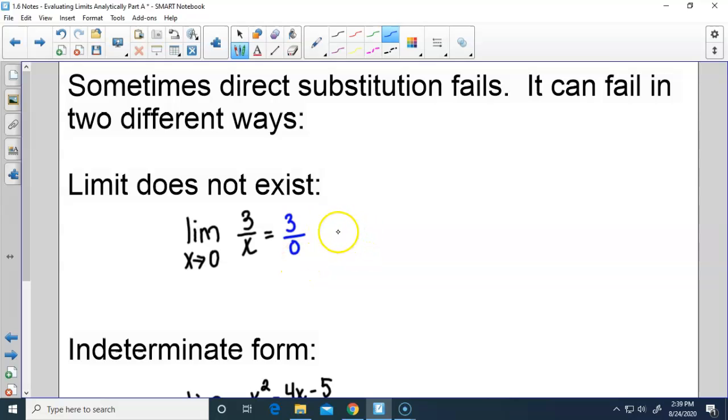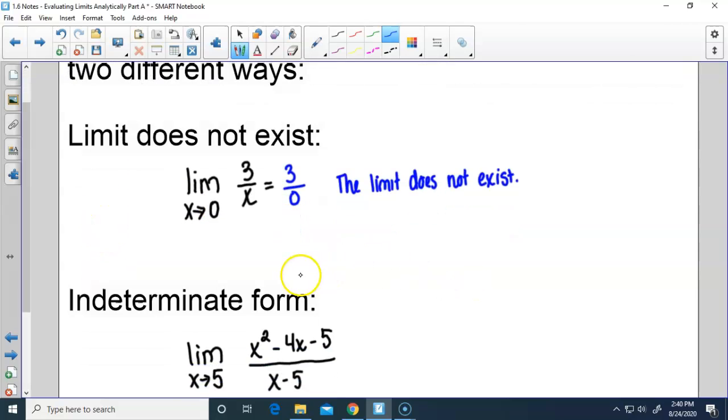So we would say in this case the limit does not exist. Now when we get a little bit further along, we'll talk about how maybe that limit approaches infinity or negative infinity, but for right now we're just going to say that limit does not exist.